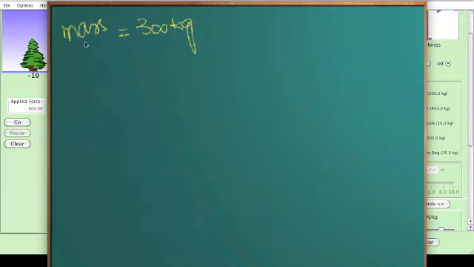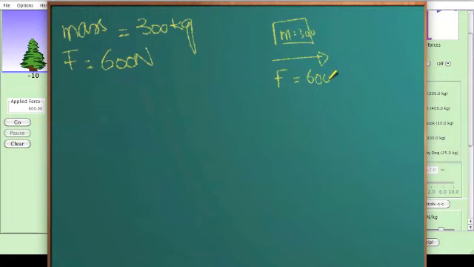We can say that if it has a mass of 300 kilograms and we apply a force of, let's say, 600 newtons, which becomes net force, since this is the crate of mass 300 kilograms and the only force applied is this one, and there is no friction force. I have just switched off the friction, so it's a slippery ground, there is no friction here.